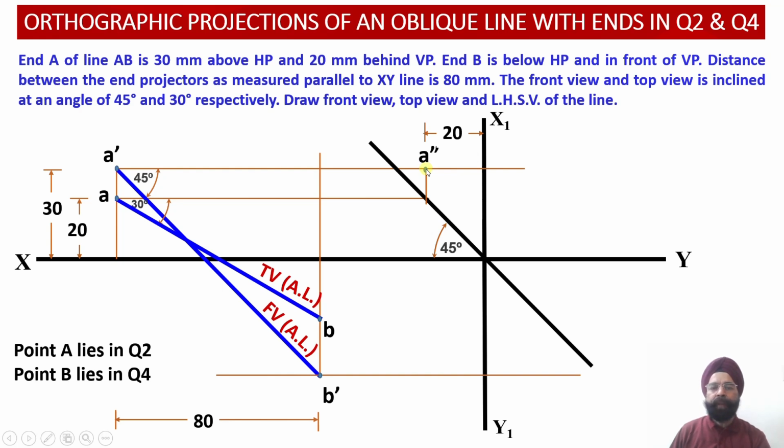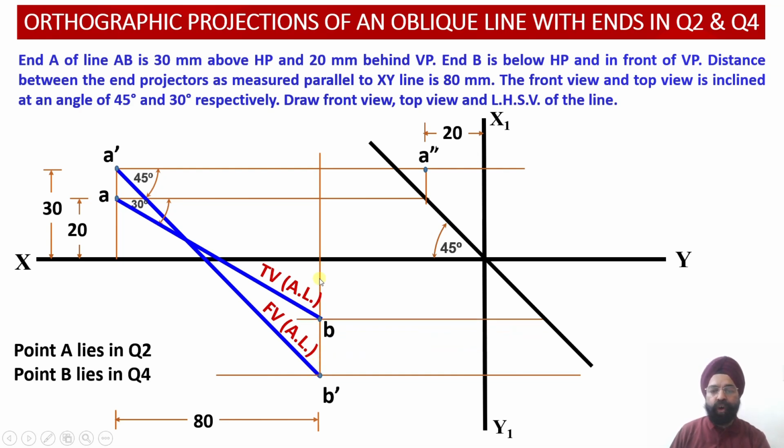Next, we have to obtain the profile projection corresponding to the end B of the line. Once again, we know the distance of the point B dash from this particular XY reference line. That is, point B dash lies this much distance below the horizontal plane.